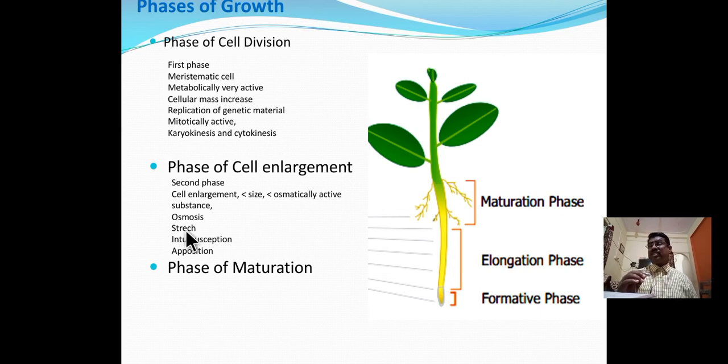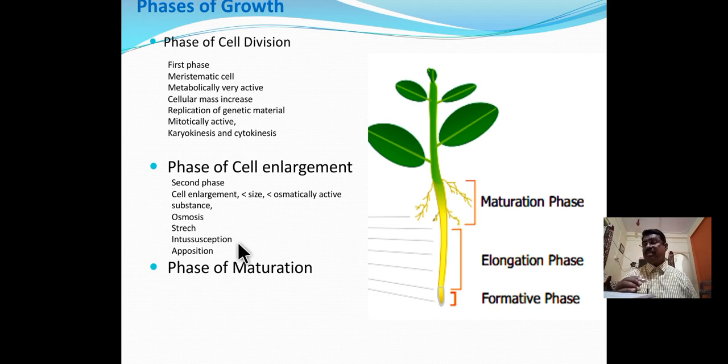This stretching is responsible for creation of new space in that region where new cell wall particles are deposited. There are two different views for the deposition.